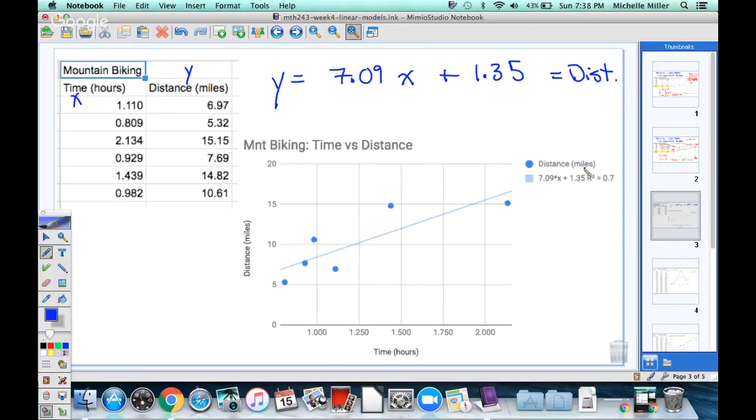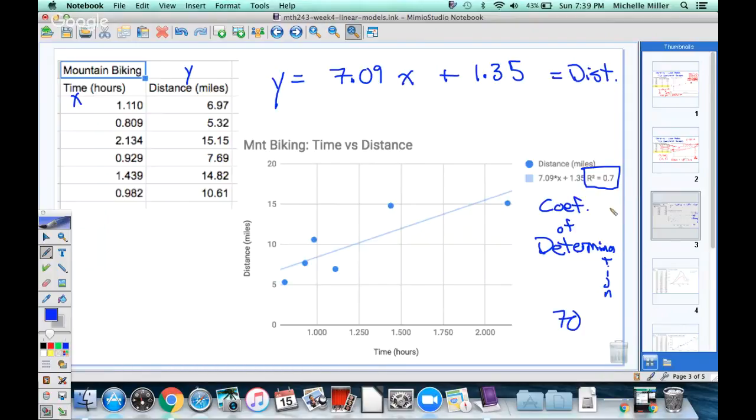And it gives me another piece of information here called r squared. R squared is the coefficient of determination. And what the coefficient of determination is, it's a percentage.